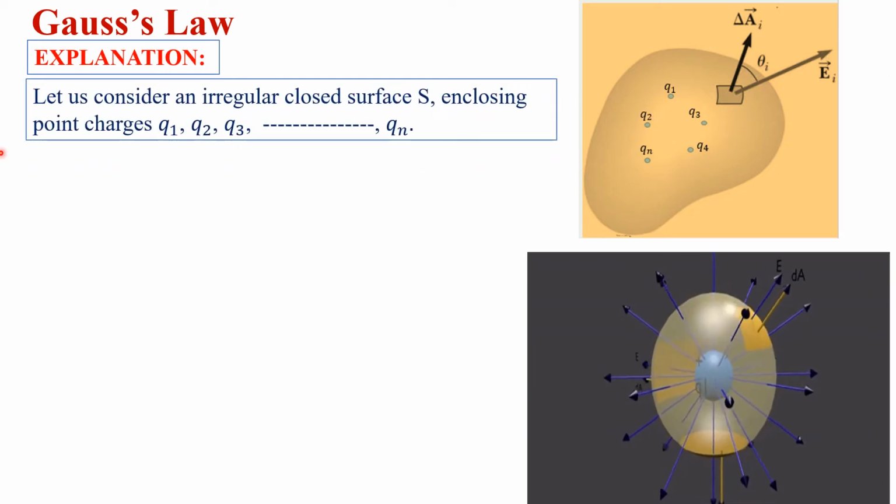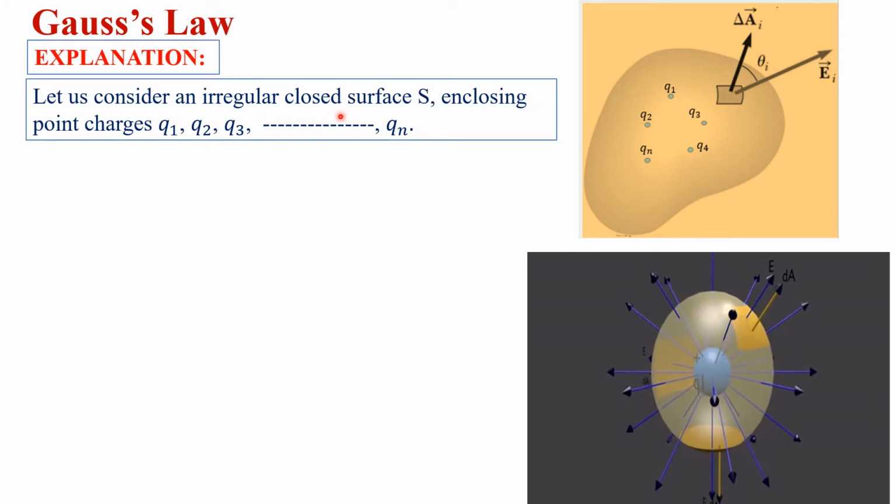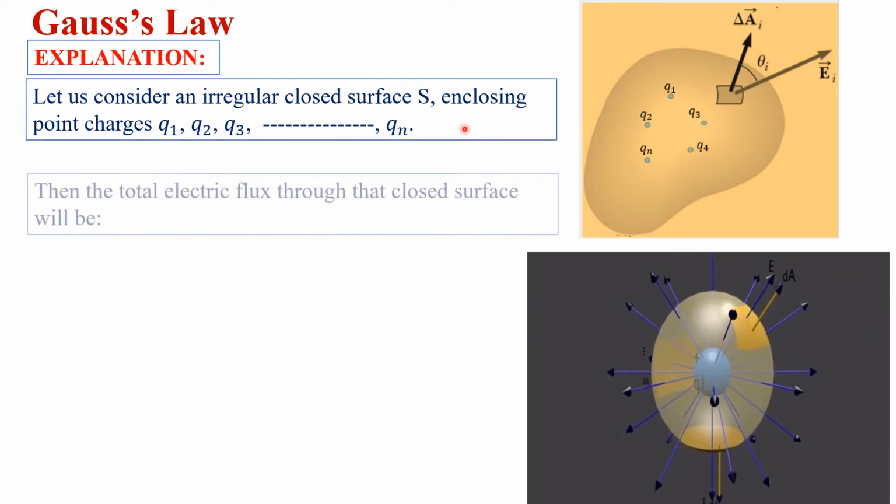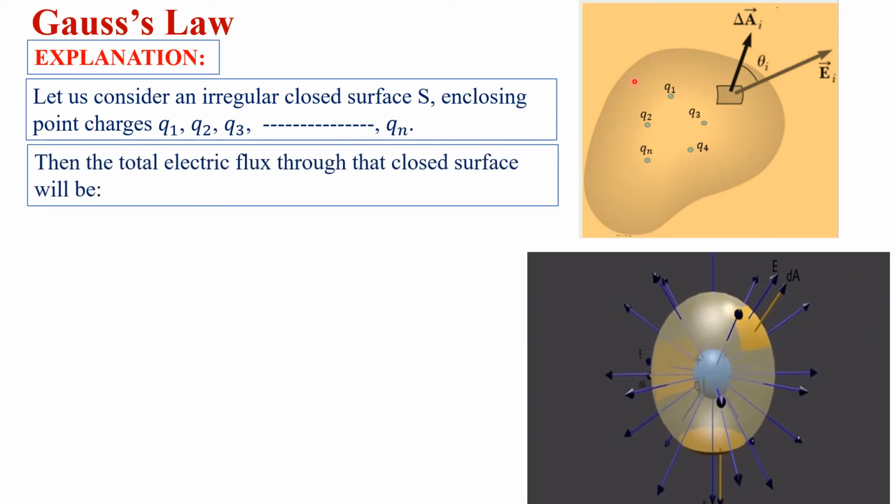Let us consider an irregular closed surface S enclosing point charges Q1, Q2, Q3, and so on till Qn. In this figure, you can see an irregular shaped closed surface, named S, and there are n number of charges placed inside this closed surface, Q1, Q2, Q3, Q4 and Qn.